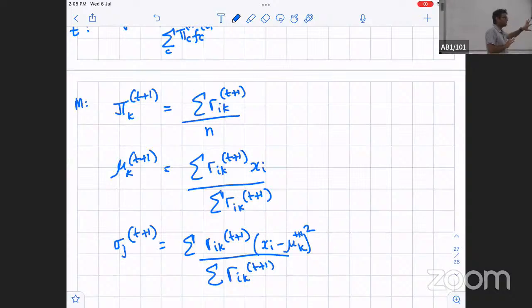You keep one fixed and vary the others, then you vary the others and keep the other one fixed, like that. If you do this, it is called alternate maximization. This procedure has a theoretical guarantee that it will converge to a local optimum. There is a guarantee, but that unfortunately is beyond the scope of this class, but you can read up at a later point.